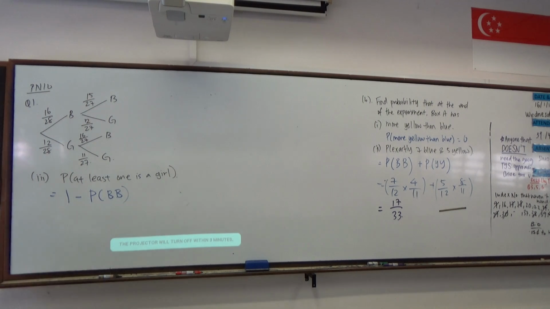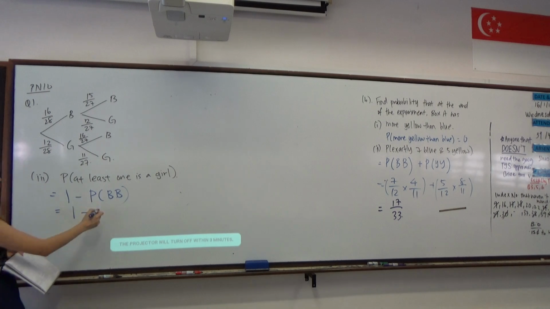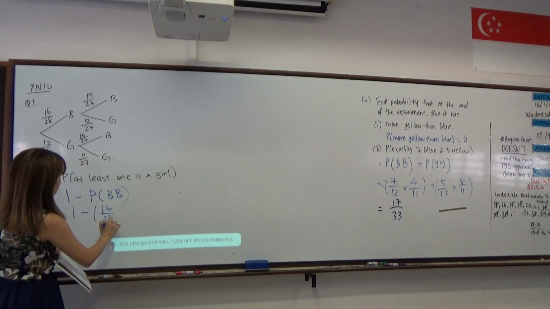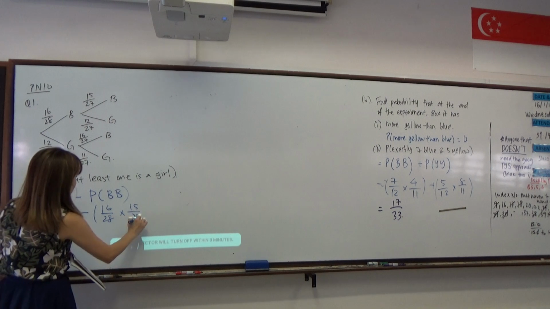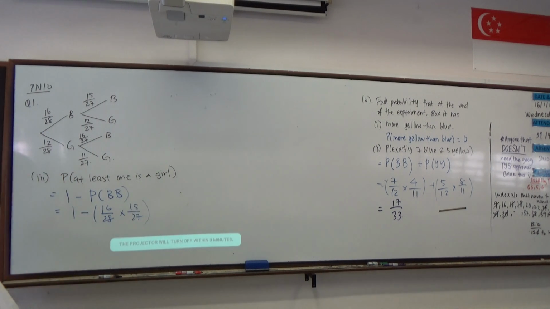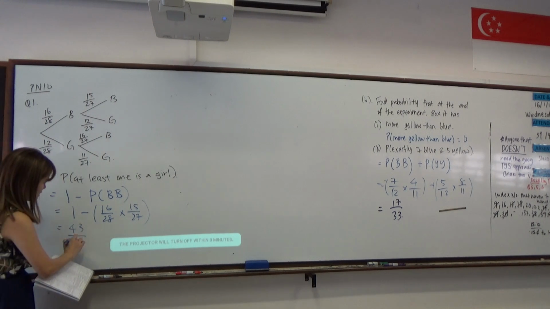Correct? Okay, so in this case, the boy-boy combination will be 16 over 28 times 15 over 27. Then we will get the answer to be 43 over 63.